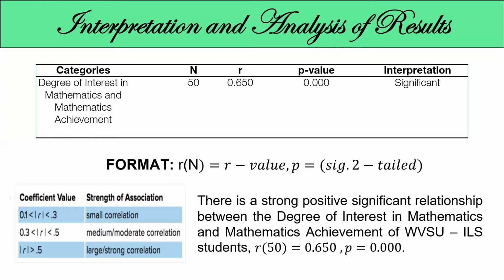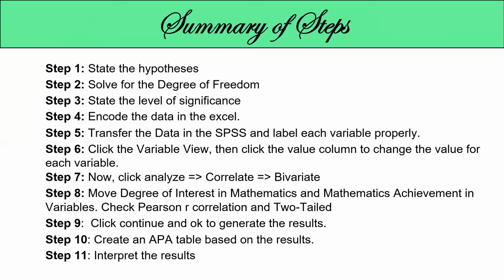That's all. But before that, let's summarize the steps. The same steps will be employed from step number 1 to 6 that we used in the t-test for independent samples and ANOVA. For step 7, there is a difference. You click analyze, correlate, and you click bivariate.